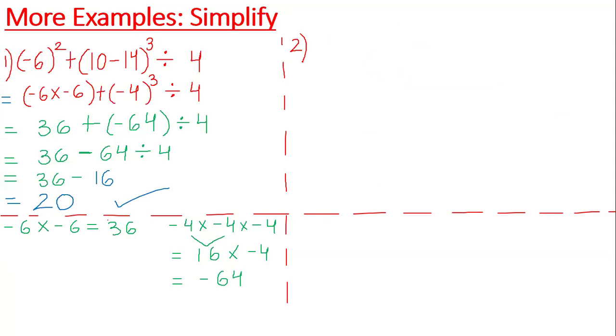This is going to be, let's say we have negative 5 squared plus, let's say, 7 minus 11, all cubed, divided by 2.